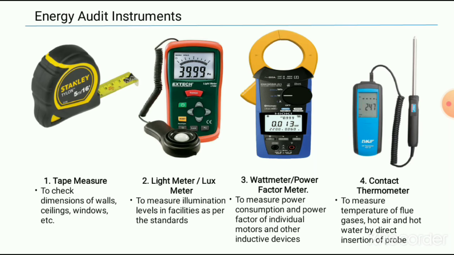Third, watt meter. It measures power consumption and power factor for individual motors and other inductive devices. Fourth, contact thermometer, to measure the temperature of flue gases, hot air and hot water by direct insertion of the probe.